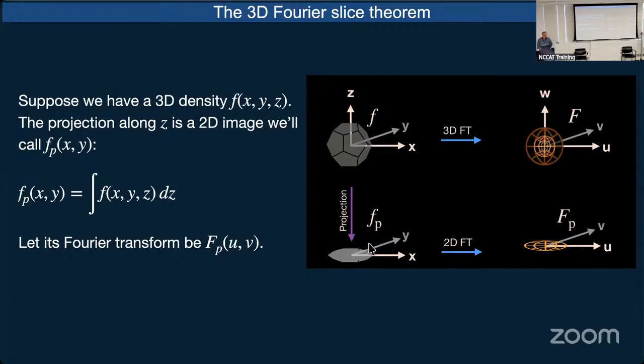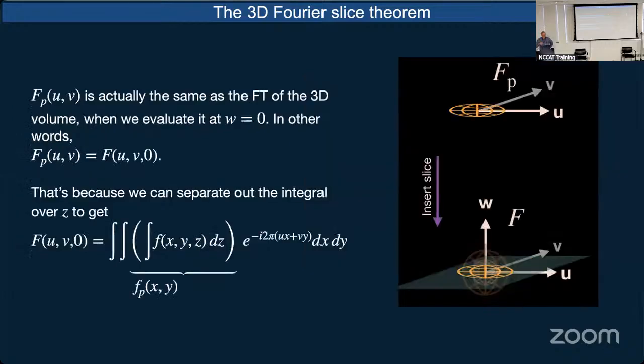Then the slice theorem says that if I take a projection of this, its 2D Fourier transform is a slice of the 3D. And then I can make use of the rotation property again and collect 2D images at different projection angles, and then build up the 3D Fourier transform.